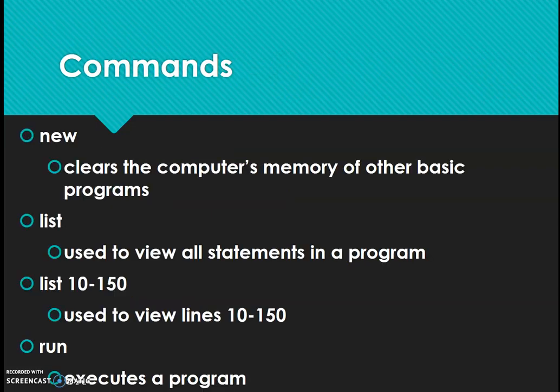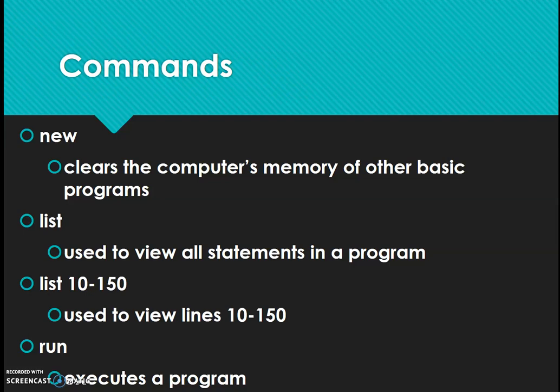So let's talk about a couple of commands that will be necessary for that. NEW is a command. What it will do is clear the computer's memory of other BASIC programs, so that it's going to clear the working memory. LIST allows me to list the whole program, and we will see that as we're working in BASIC.